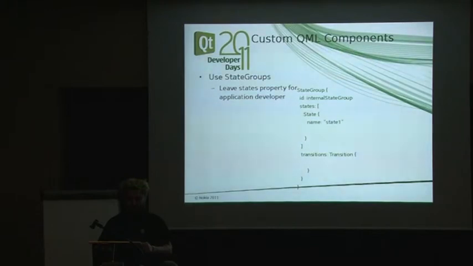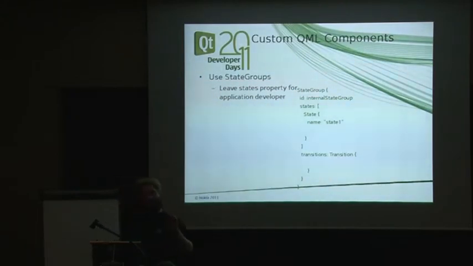State groups, very useful. Again, if you write a component which is used by a lot of people, some of those will try to have states for your component. They will add a state, but you have already implemented a state for that component. And then things get mixed up, and they get destroyed and overwritten and everything, and that will break down eventually. Therefore, the state group's original intention was a different one, but if you write the component, it can be very useful.